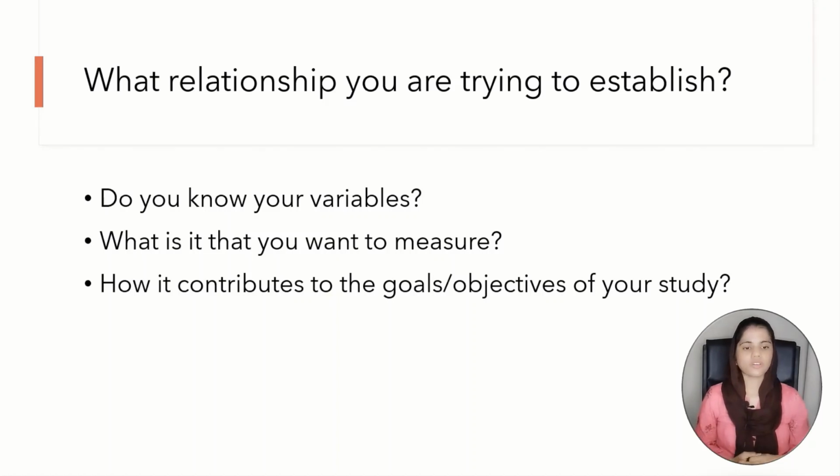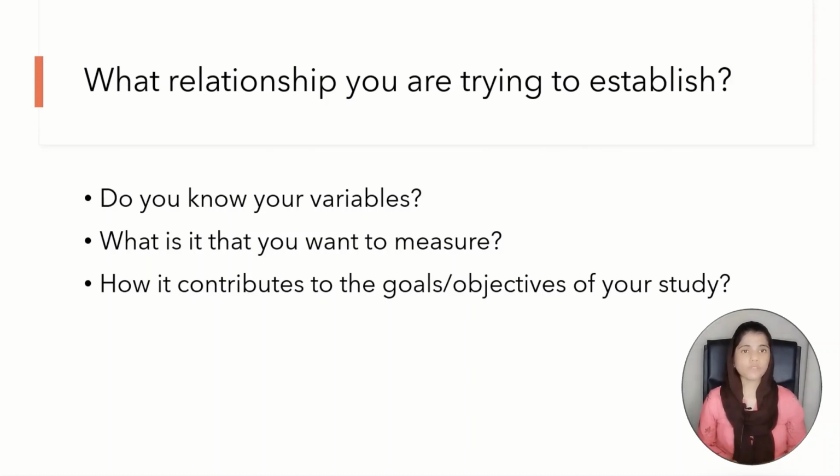And the second part is, while deciding methodology, what relationship are you trying to establish? This is really important. You need to know your variables. And this is important because sometimes you decide to work with something which is not practical in your scenario with the provided resources, and you end up messing up all your research project.